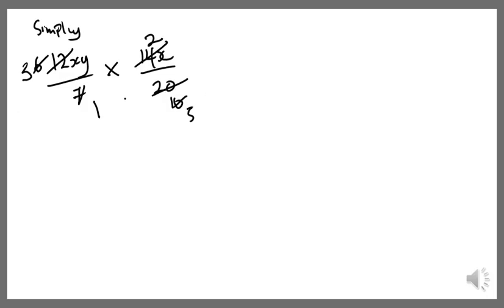You can also use 4 to cancel. You will still get 3/5. When you multiply the variables, you get 6x squared y all divided by 5. And this becomes your final answer.